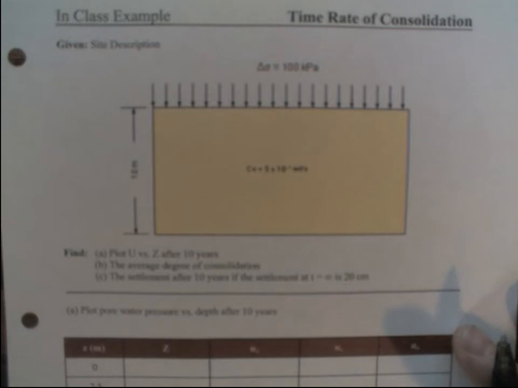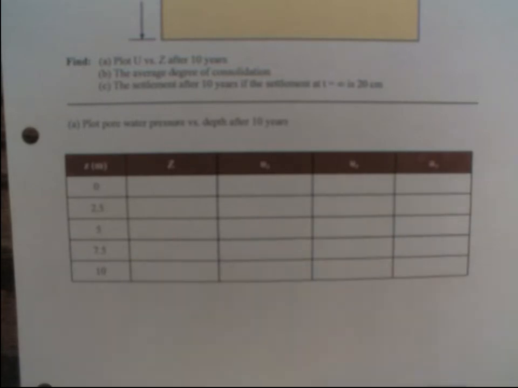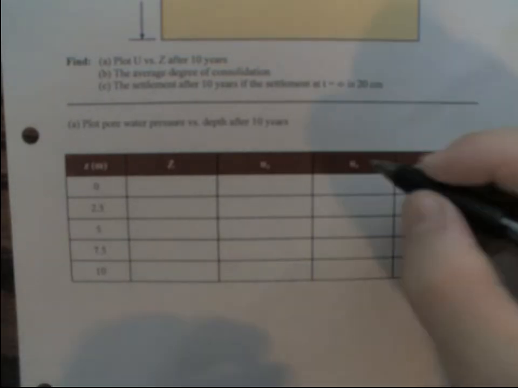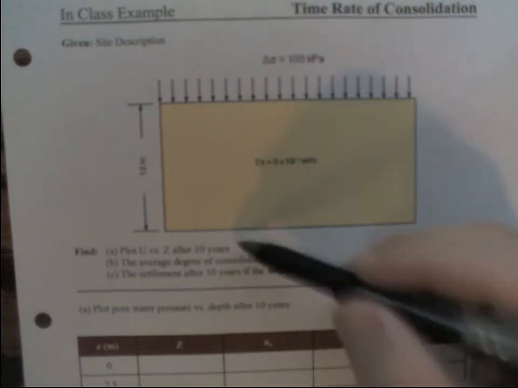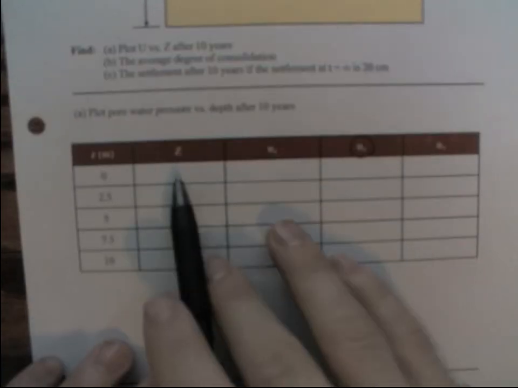So I'll go ahead and get started here. We're going to move this up, and the first part I have here is plotting out different variables. I will have to explain this one a little bit more, but let's start with depth. My scenario shows 10 meters of depth, and I want to find out what Z is for each of those.